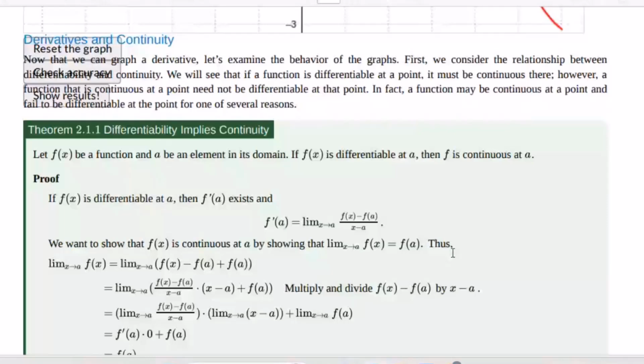Clear? Is it clear? Yes, sir. Okay, that is what this theorem is saying. Thank you. Now, if it is clear, may we please look at this together.